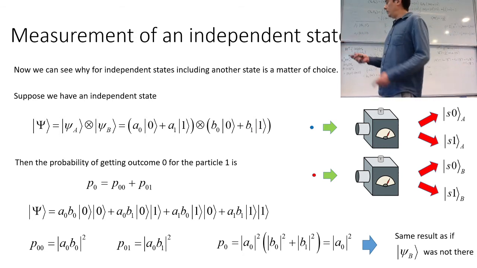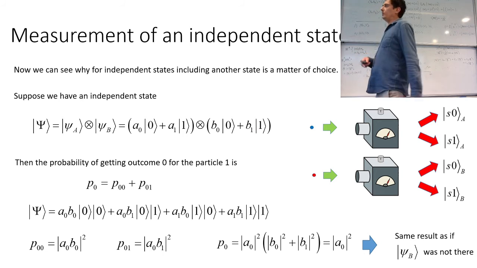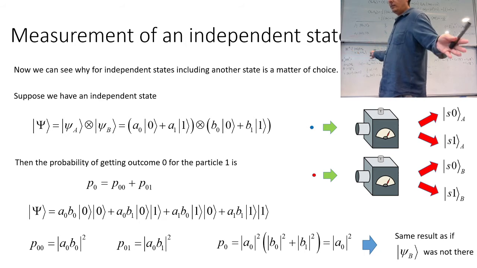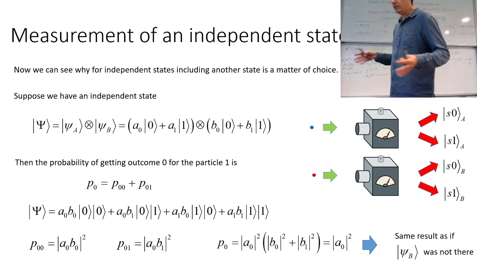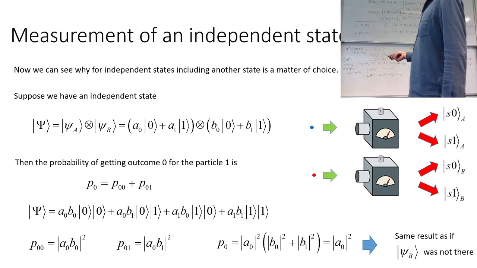So we should recover the same result as we had before for the single qubit, because if they're completely independent, it should be no different to the single qubit case. So that's basically what I do here.